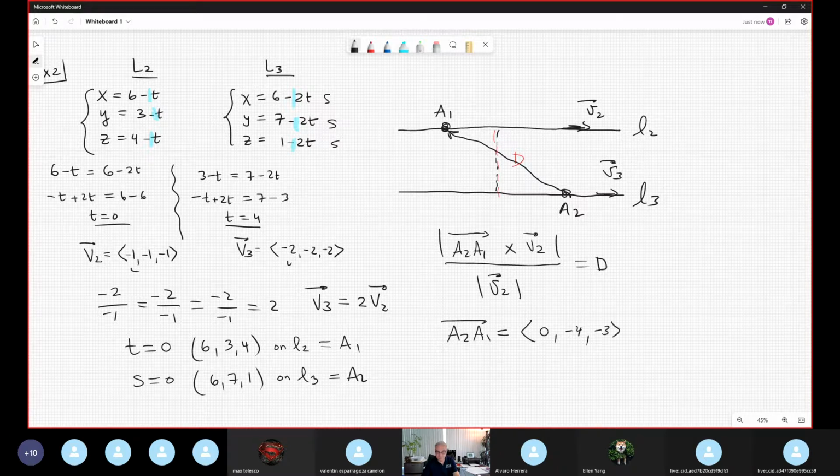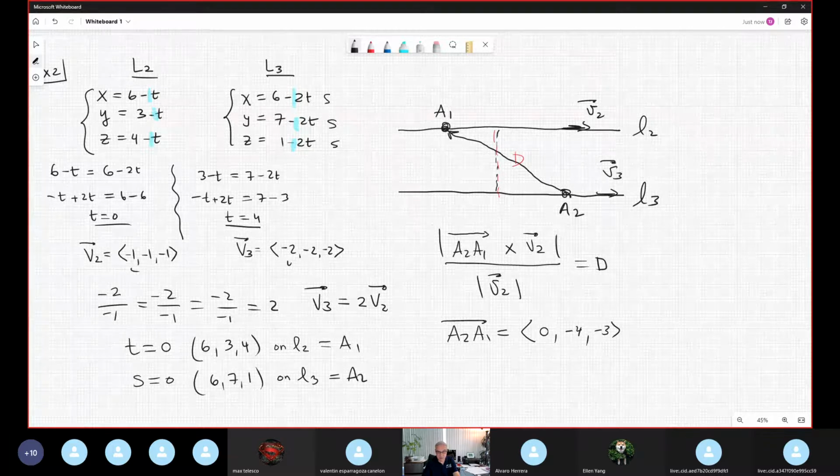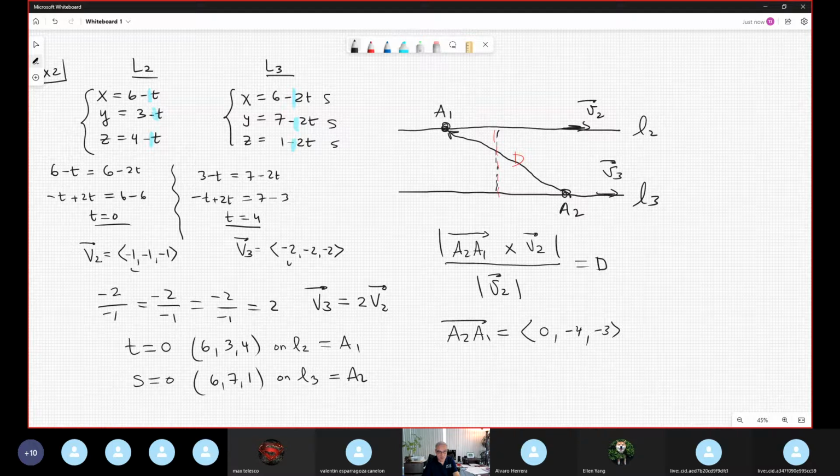All right, let me check if I did well or not. You're subtracting A2 minus A1, so this is 0, it's obvious, this is negative 4, and this is positive 3. So you are doing it in the opposite direction. It doesn't matter; the only difference is whether this vector is in that direction or in the opposite direction.